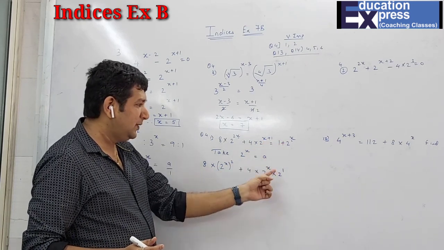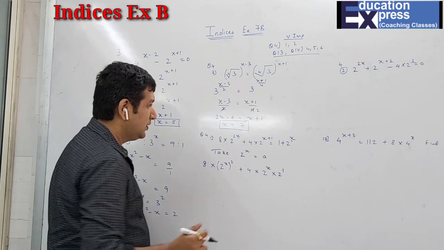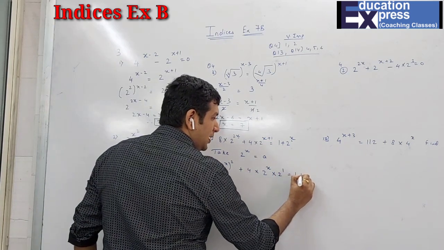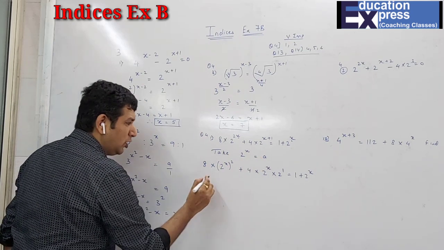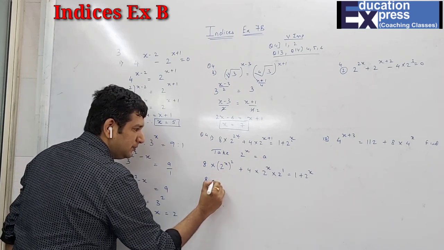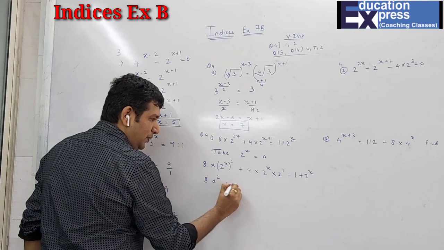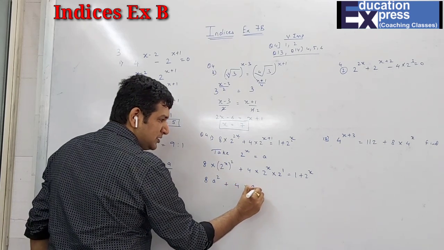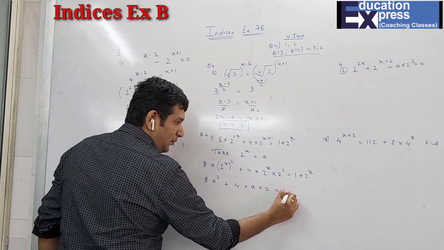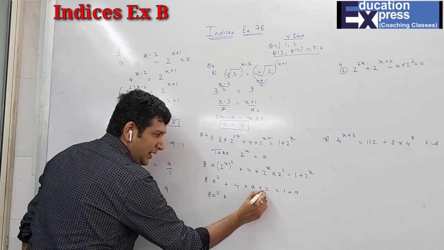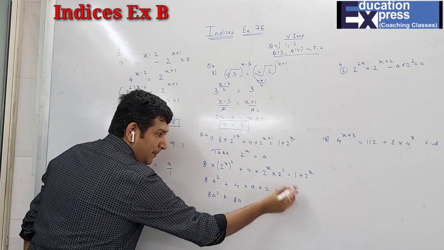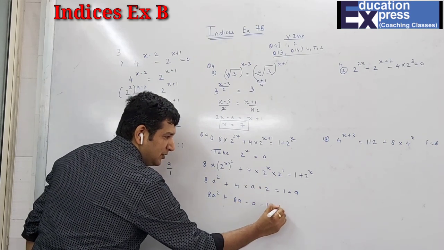If it's plus, multiplication; if it's minus, division. Then 1 plus 2 raised to x. So now wherever 2 raised to x is there, I'll substitute that as a. So 8a square plus 4, 2 raised to x is a into 2, 1 plus a. So 8a square plus 4 2s are 8a minus a minus 1 equals to 0.